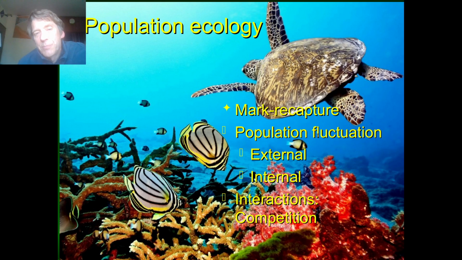We continue within the population unit of this course, and our subjects today, this week, are methods for estimating the absolute size of populations, methods and important reasons for understanding fluctuations in population size, and what those fluctuations mean for fitness of organisms.